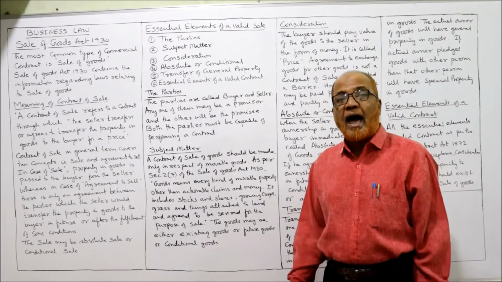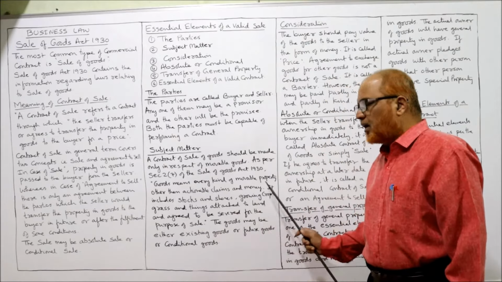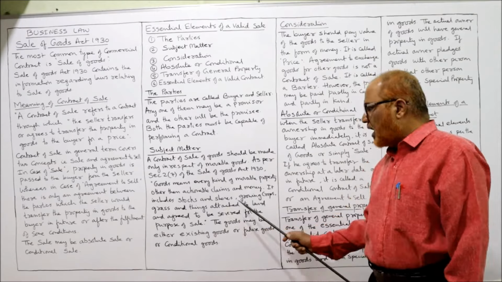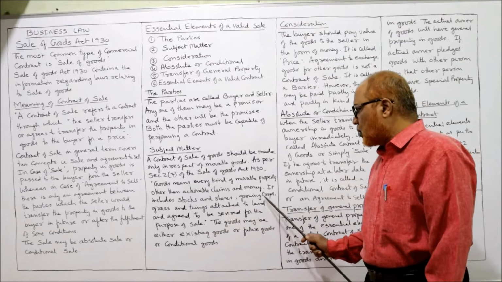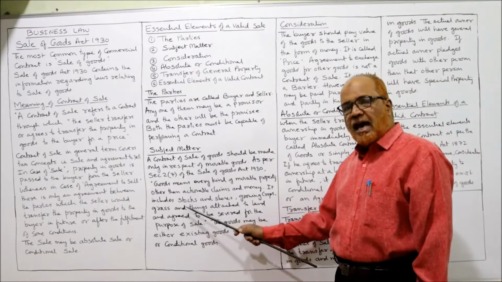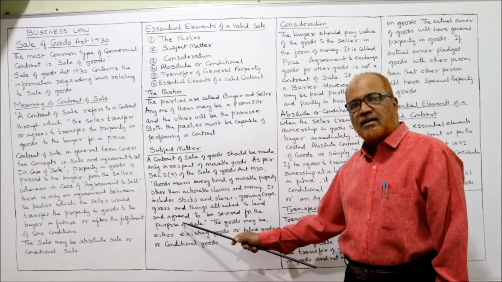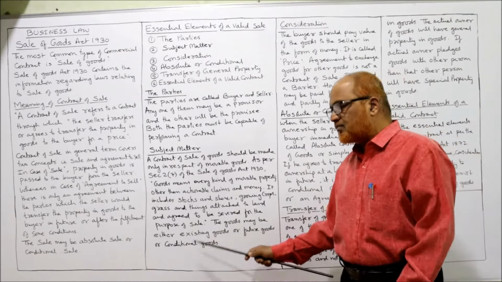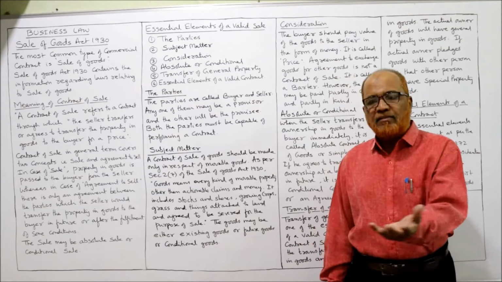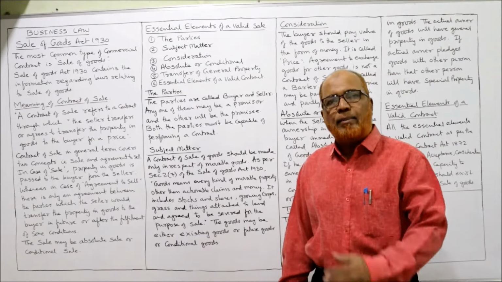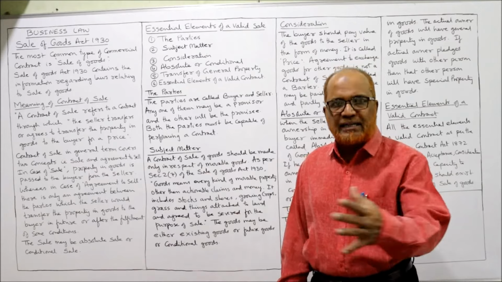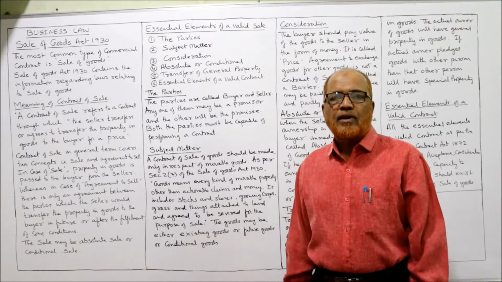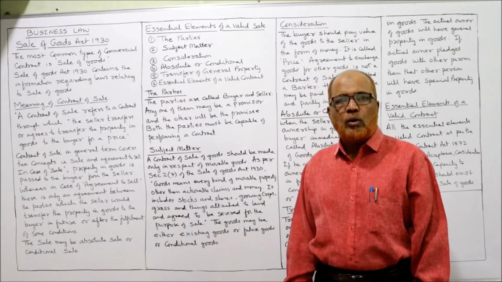It includes stocks and shares, and also growing crops, grass and things attached to the land and agreed to be severed for the purpose of sale. That means anything attached to the land but which can be severed or detached for the purpose of sale will be called movable property, movable goods.